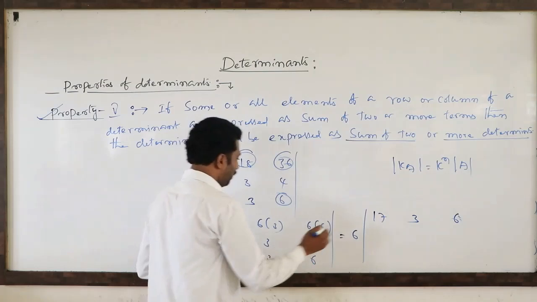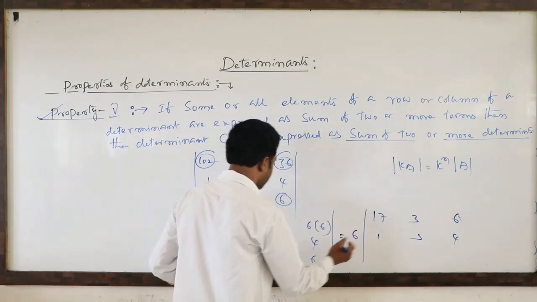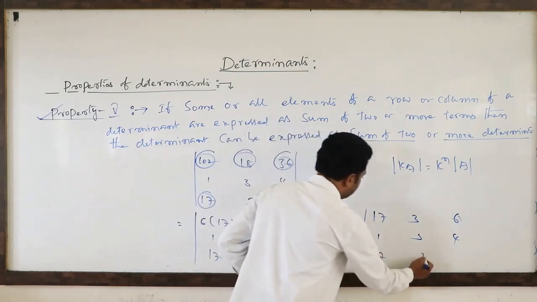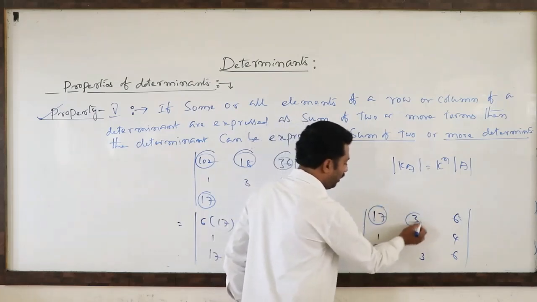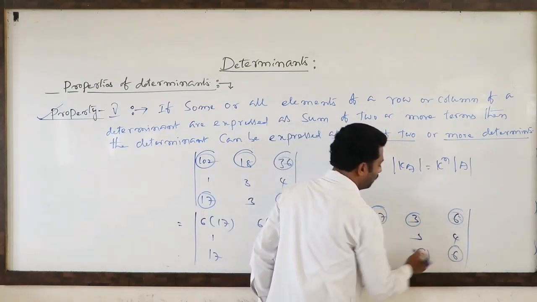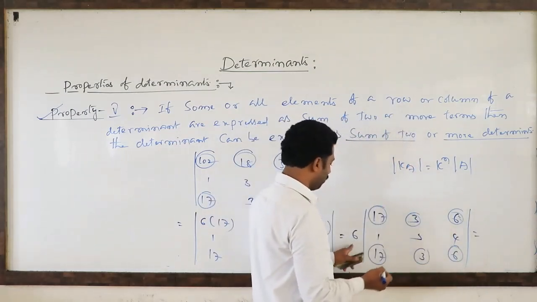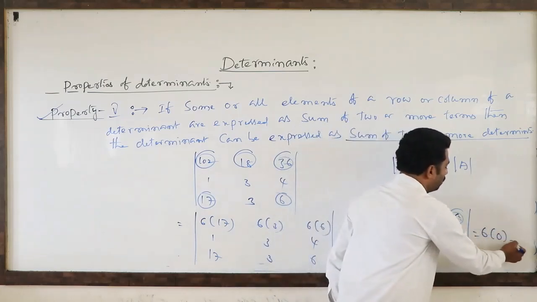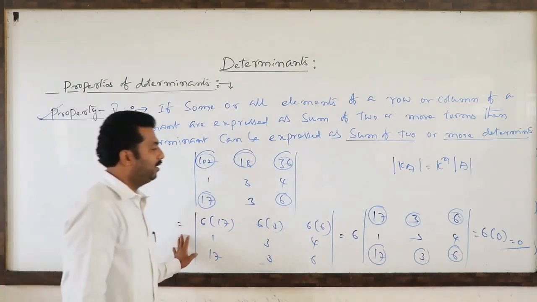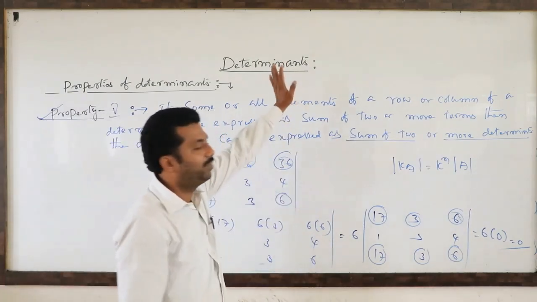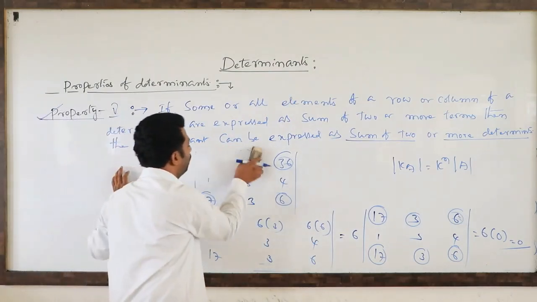Next row 1, 3, 4. Then 17, 3, 6. You observe, the first and third rows are identical, R1 and R3. So the value of the determinant is 0. So 6 into 0, nothing but 0 is the answer. So without expanding, how to write the value of the determinant? By using properties of determinants. That point you have to remember.